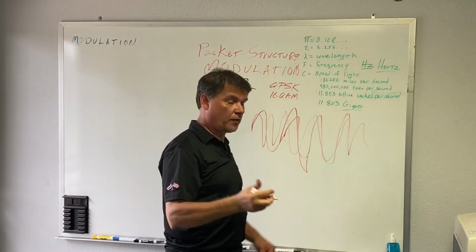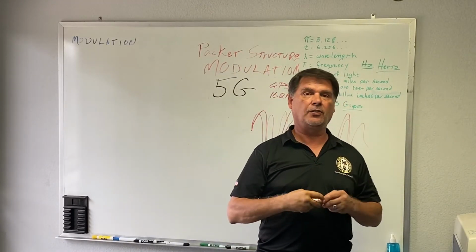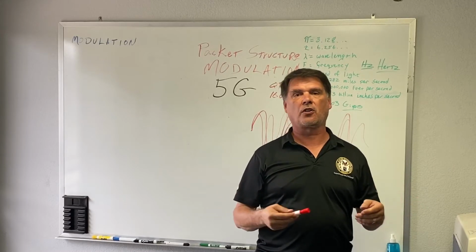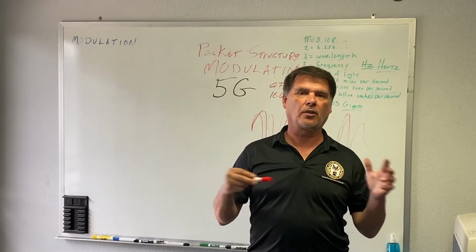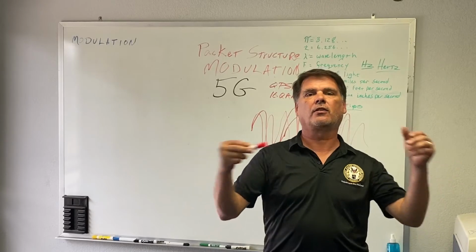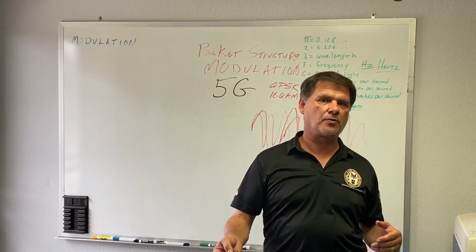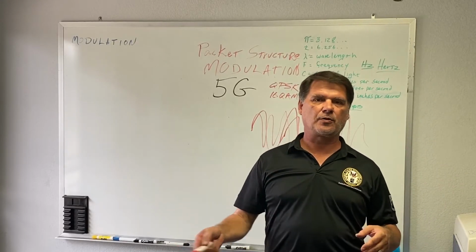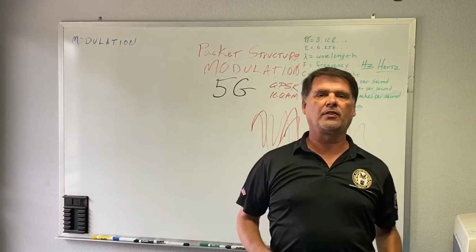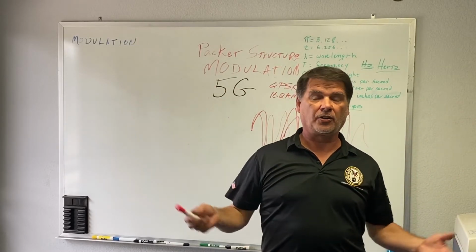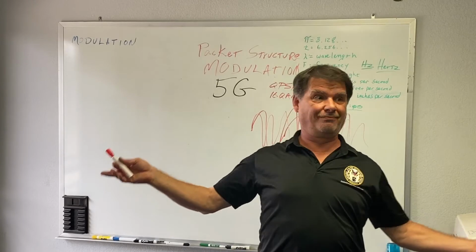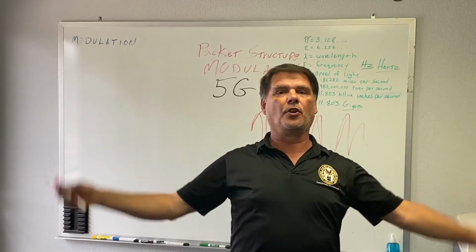They can go all the way up to 256 QAM. And this is the same regardless of whether they're using 900 megahertz, 1.8 gigahertz, 2.4 gigahertz, the 3.7 to 6 gigahertz band, the 28 to 30 gigahertz band. They still have to modulate the data on there. A sine wave by itself is a car with no passengers.